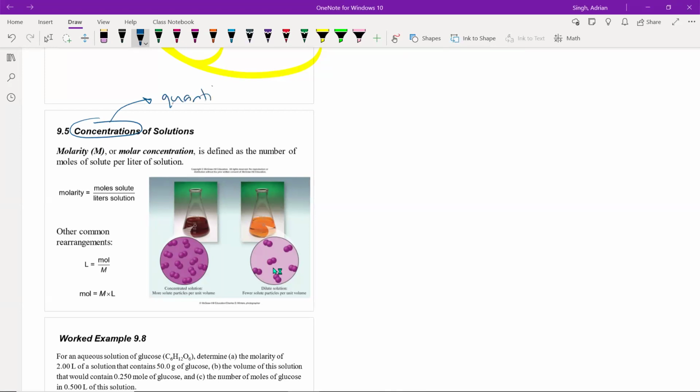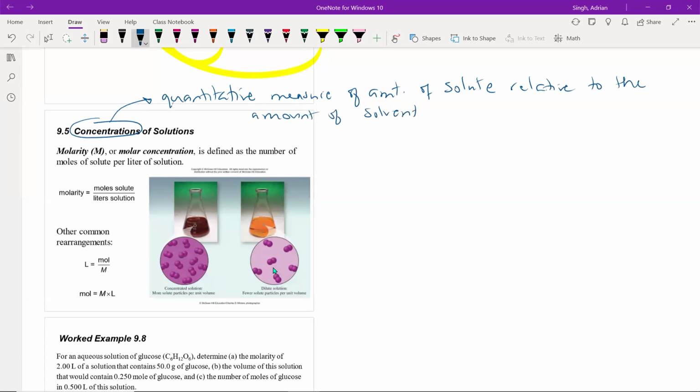quantitative measure of the amount of solute in a solution relative to the amount of solvent or solution.